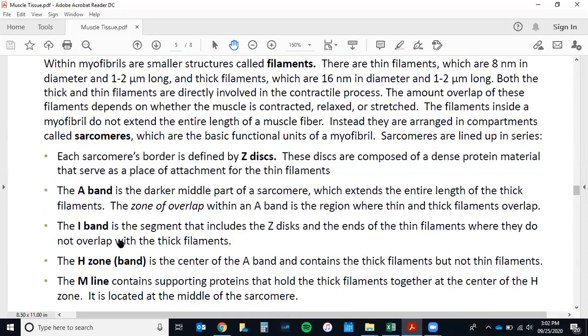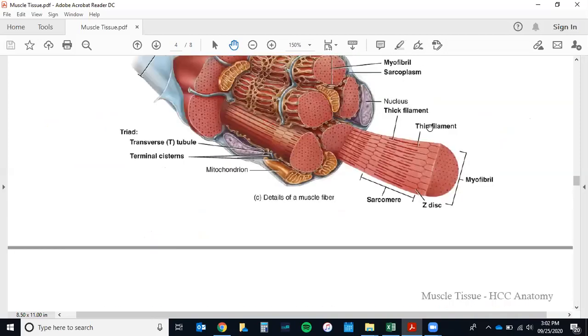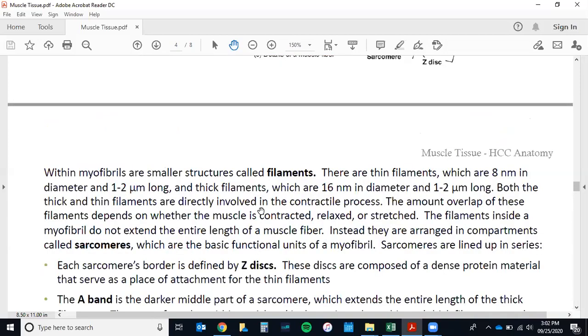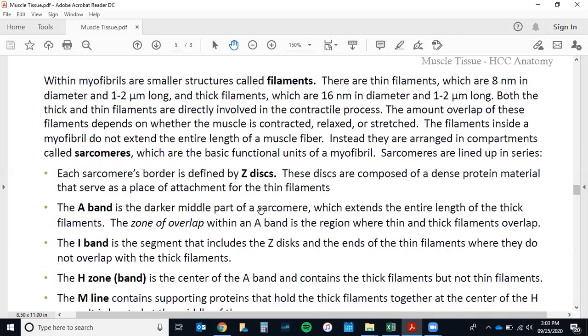All right, reading through. Within myofibrils are smaller structures called filaments. We see them listed over here on the previous page, thick and thin. They are called thick and thin for simplicity's sake: one's thicker than the other, one's thinner than the other. They're both about the same length, 1 to 2 microns, so they're pretty small. The thin filament's 8 nanometers in diameter, thick filament's 16 nanometers in diameter.